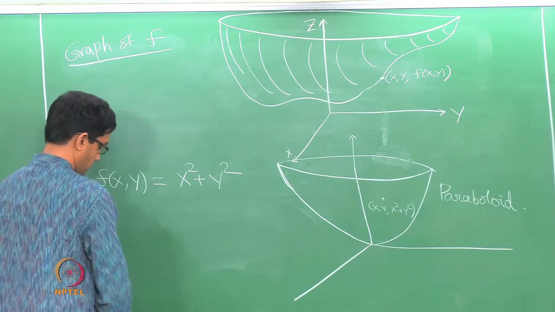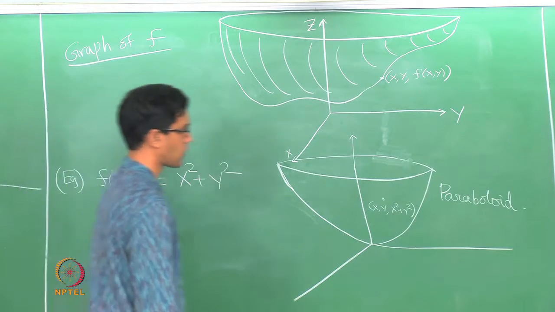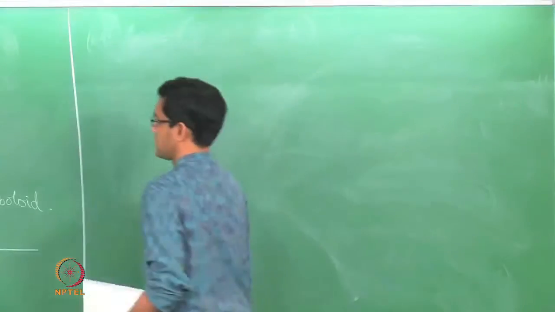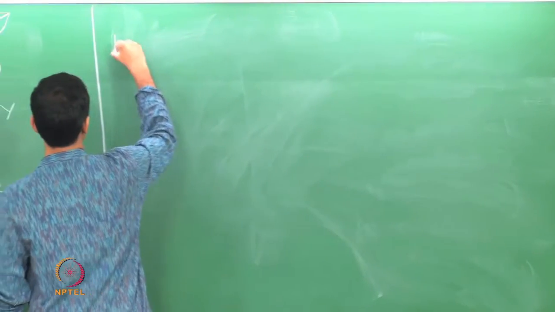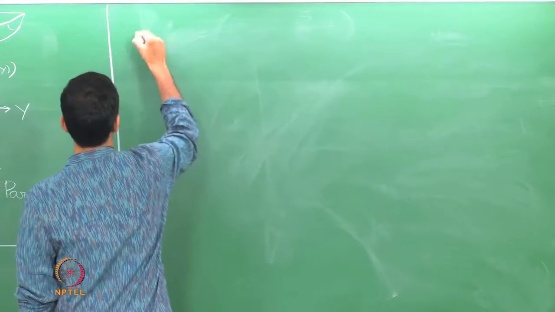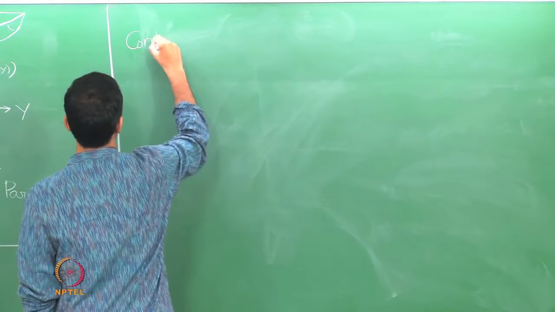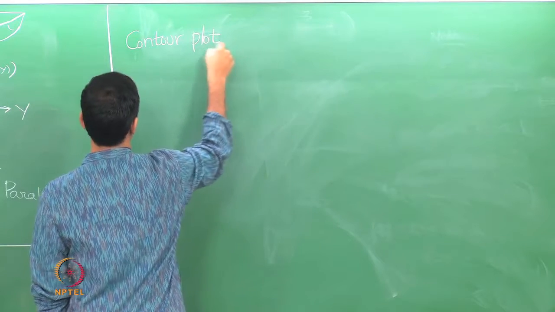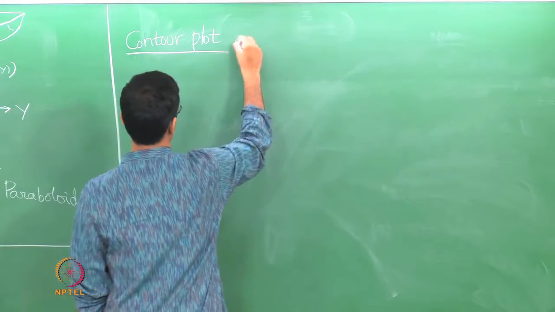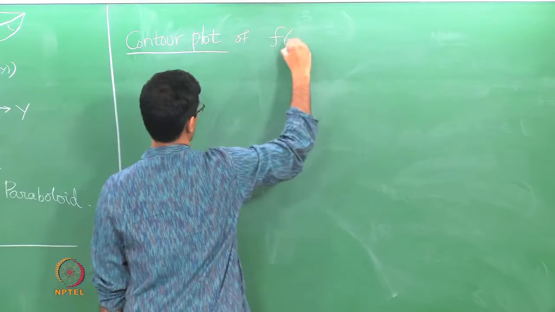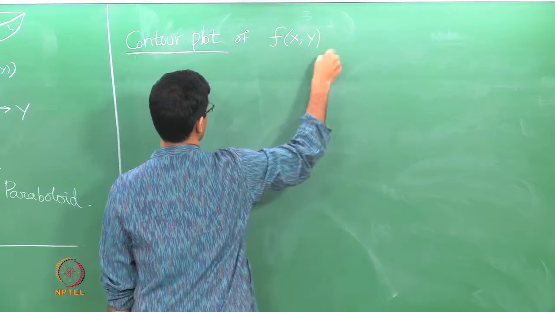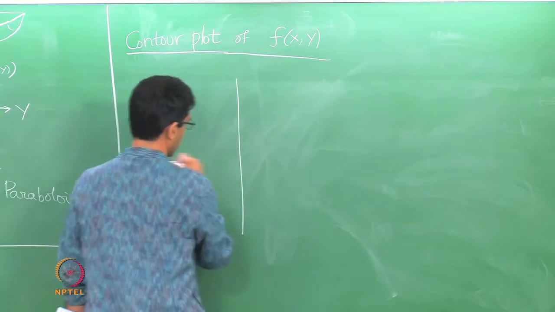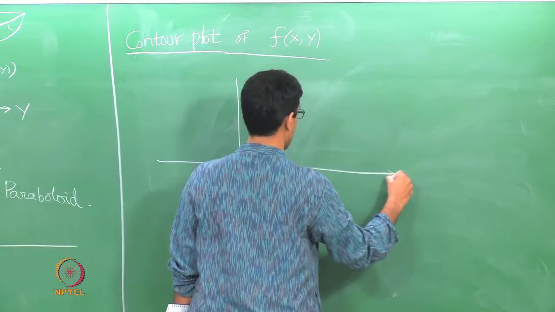So, this is sort of the second picture that one tends to draw of functions from R2 to R. So, this is sometimes called the contour diagram or the level curves. So, this is a contour plot of a function of two variables. So, what you do is, well, you do not really need a three-dimensional diagram at all. You can just do all this on the plane.